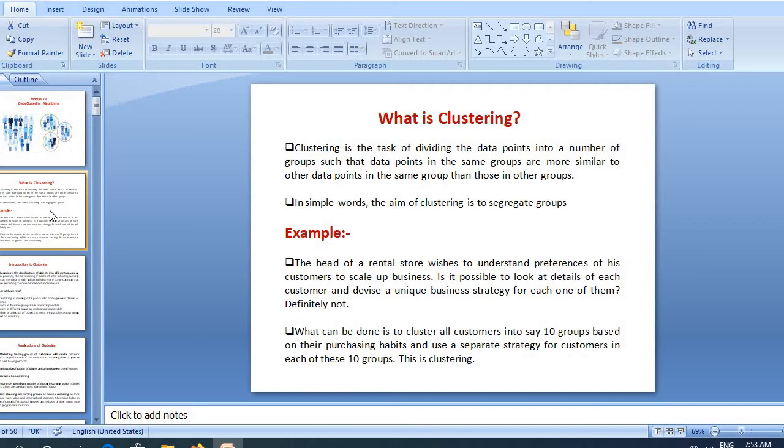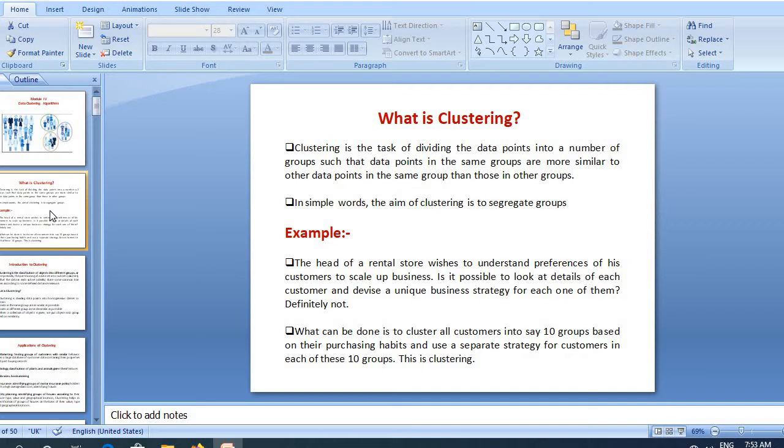For example, suppose that a shopkeeper or a supermarket owner wants to learn the preference of his customers. It's not possible for him to look into the details of every customer and devise a separate plan for each of the customers. It is quite a difficult process.